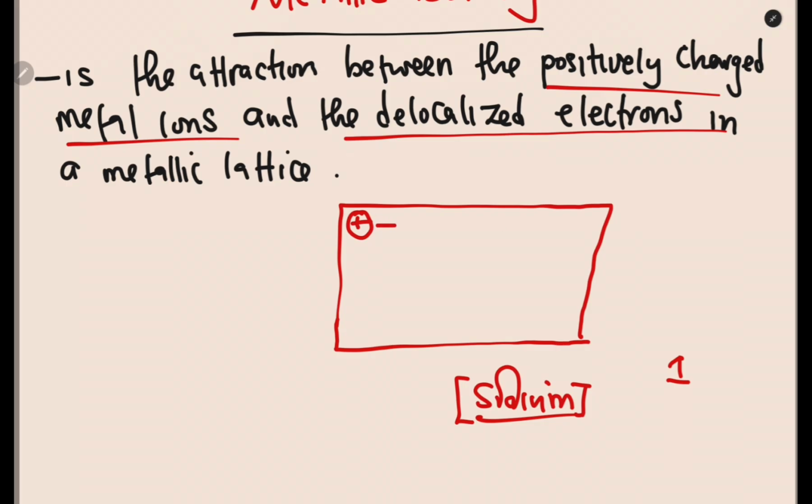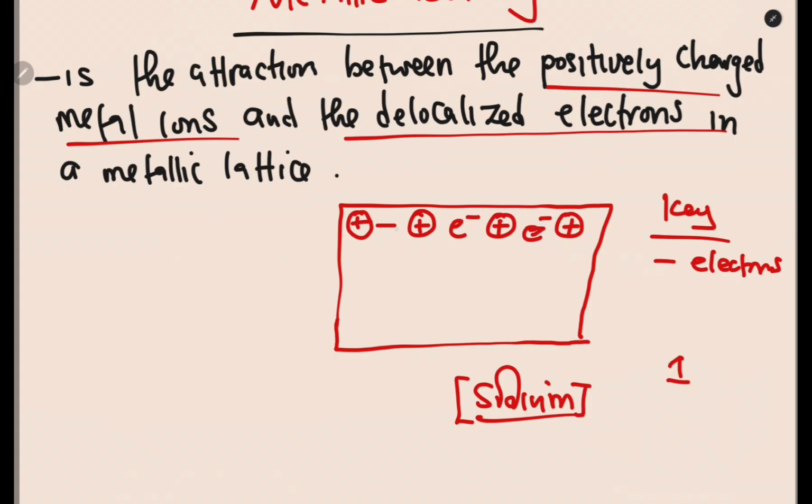These electrons start moving freely within the metal. Another atom loses, becomes positive. The electrons start moving freely. Another atom loses, becomes positive, and an electron starts moving freely. So I'm denoting electrons like this, to represent electrons, and a positive charge to represent a metal ion.